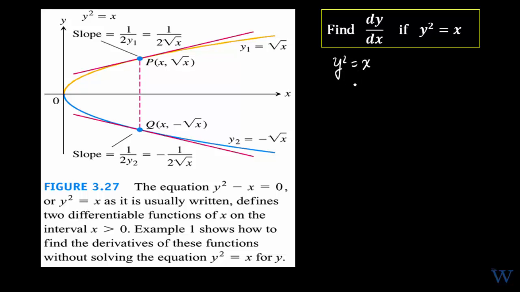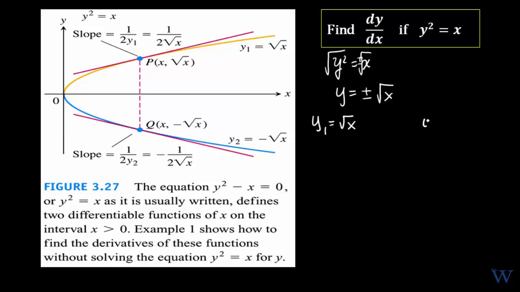Take the square root of both sides, and we get y is, right, you do that. And of course, when you do the right-hand side, we have to do plus or minus the square root. So y is equal to plus or minus the square root of x. So what we have are two functions. Let's call it y1, which is the square root of x, represented by the square root function that's above the x-axis, when we have the positive square root.